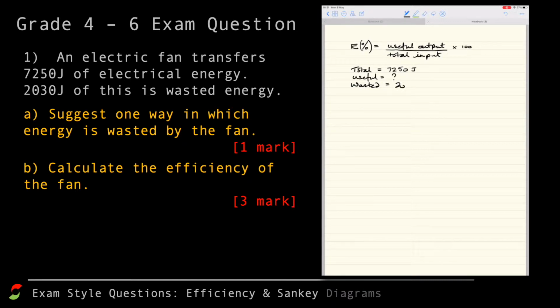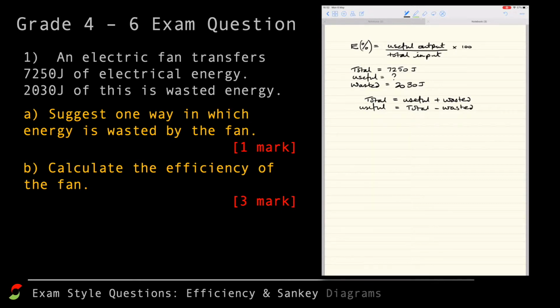So the first thing that we need to do is calculate that useful energy. So remember the principle of conservation of energy? The total amount of energy is always the useful energy plus the wasted energy. So we can rearrange that to calculate the useful. Useful is total minus wasted energy.